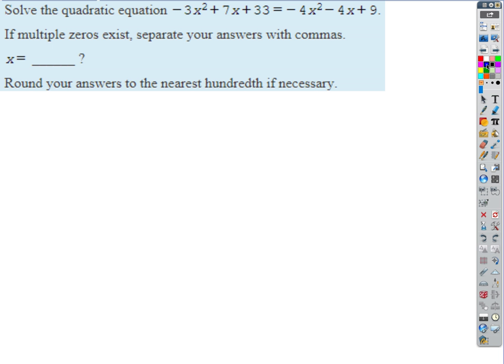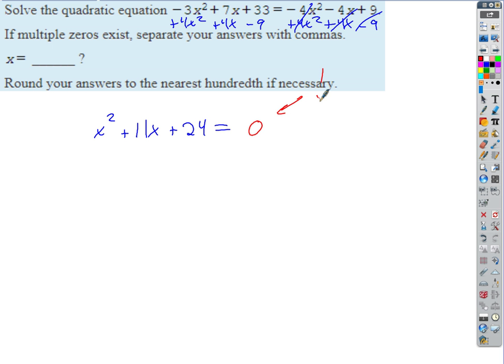I've got to add 4x squared, so those cancel. I've got to add 4x. And I've got to subtract 9, right? And that's going to give me x squared plus 11x plus 24 equals 0. That's important, right? It's got to be equal to 0 for us to use the zero product property.